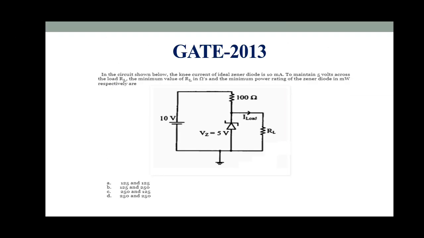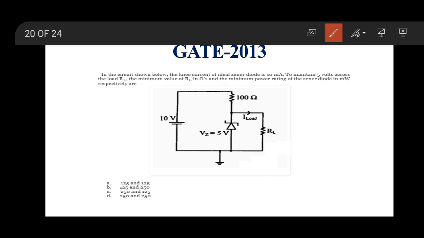Now, please carefully follow this problem. This is a typical problem where most of the students will make a common mistake. In the circuit shown below, the knee current of the ideal Zener diode is 10 milliamp. To maintain 5 volts across the load RL, what are the minimum value of RL in ohms and the minimum power rating of the Zener diode in milliwatt, respectively?